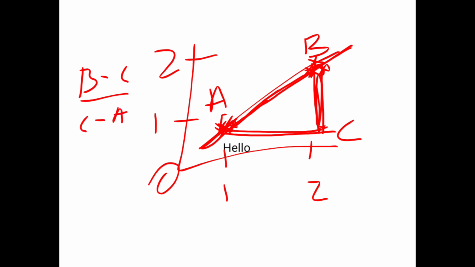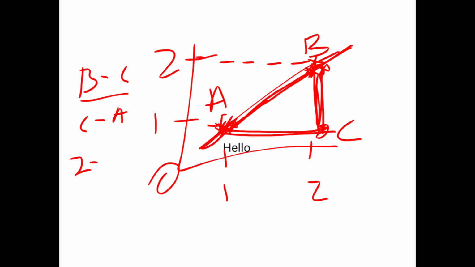So if slope is BC over CA, what you're gonna do is trace the B to this place. The B is gonna be what? The 2 minus C. What is your C? The C is here. So you are gonna trace the C to this side too.